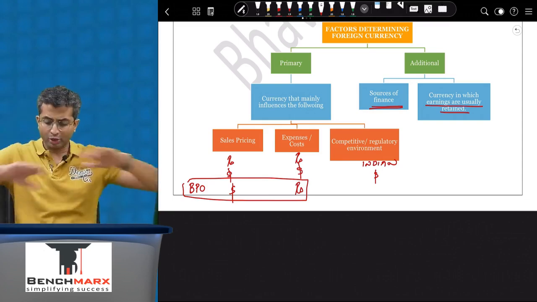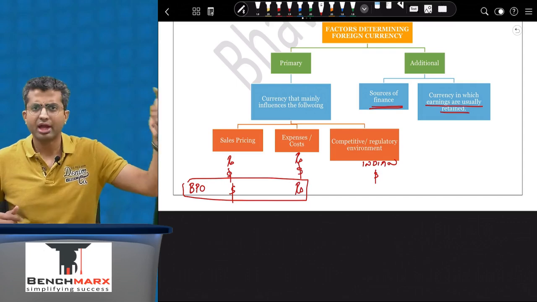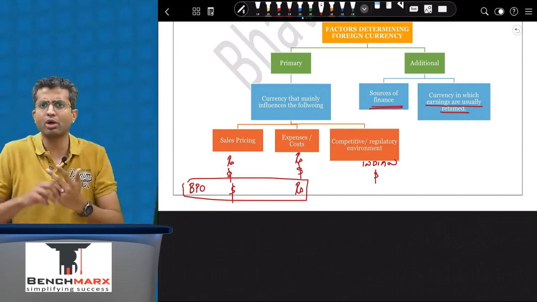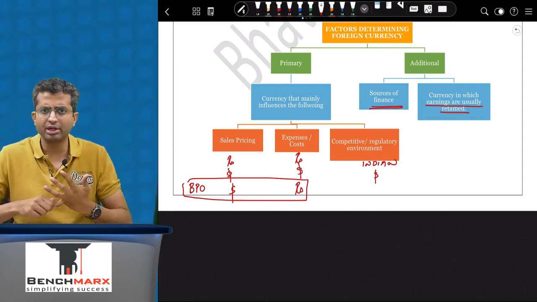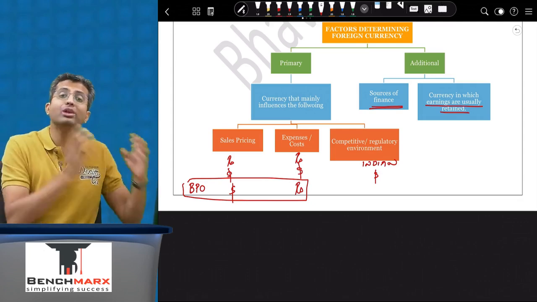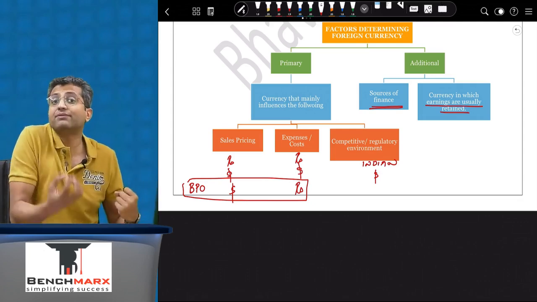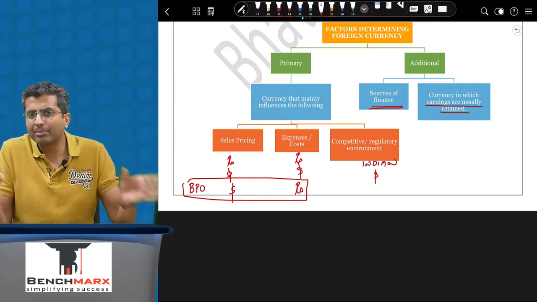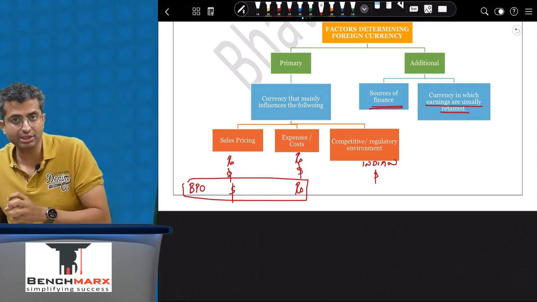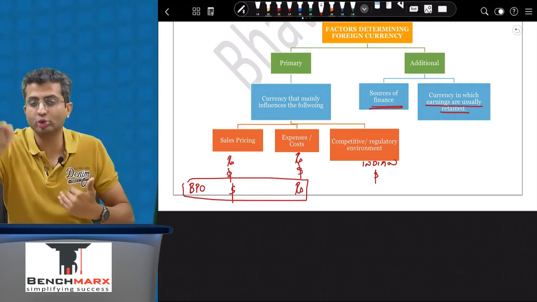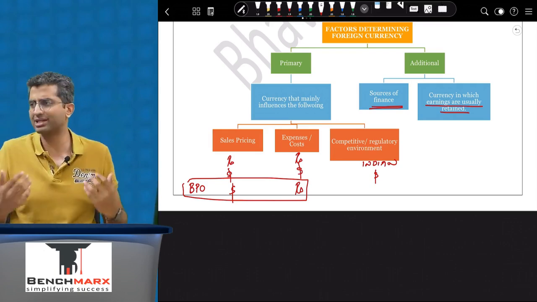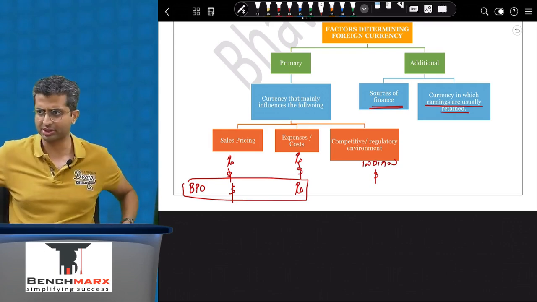So sir, do we need to look at all the five things? The sales pricing, expenses, competitive environment, sources of finance, retention? No. You should only look at the primary factors, and if the primary factors are unable to give you a conclusive decision, only then should you go to the additional factors and base your judgment on them.